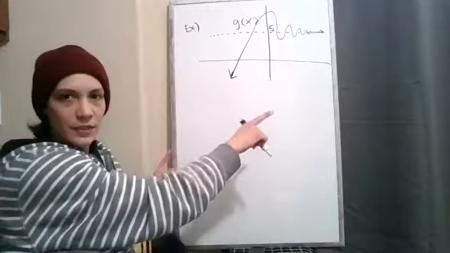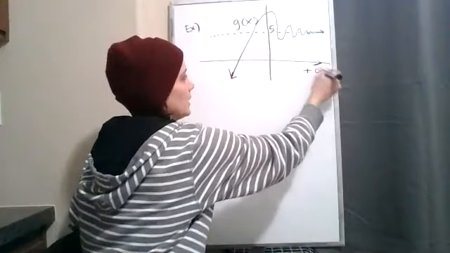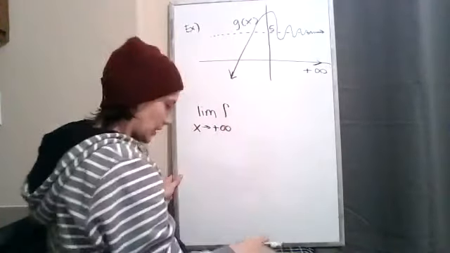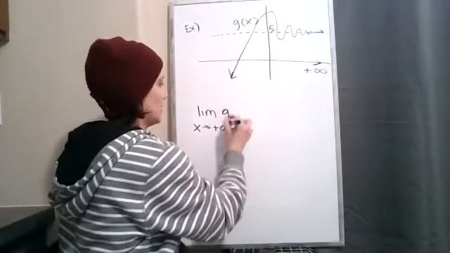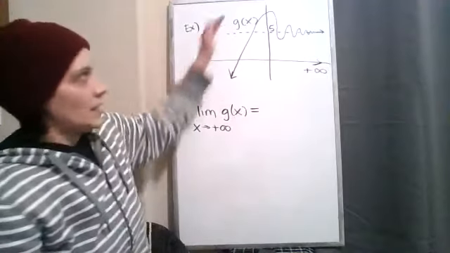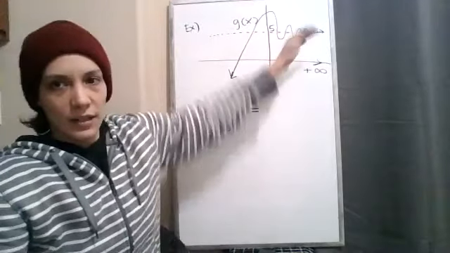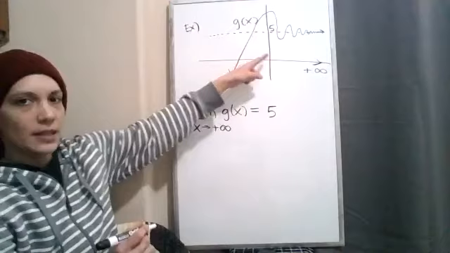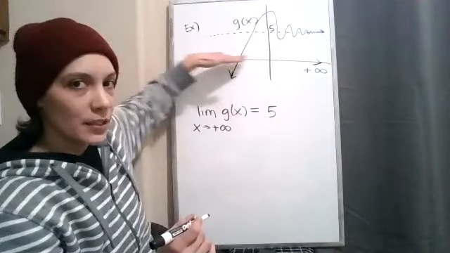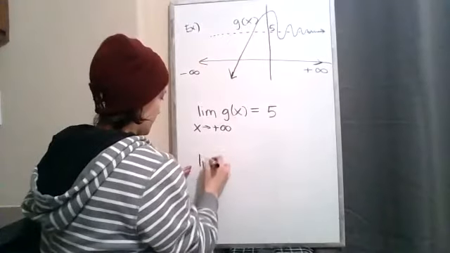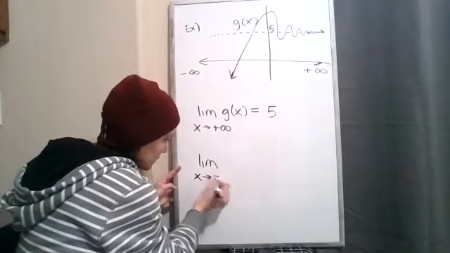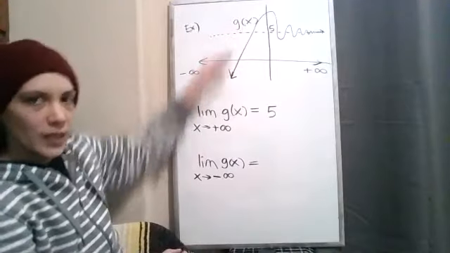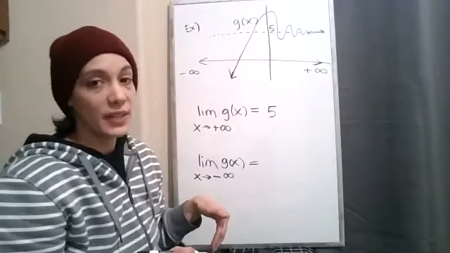Let's go towards positive infinity first. So as x goes to positive infinity, g of x of this function, g. Okay, this time your outputs are going to a limit of 5. As for g of x, the limit as x goes to negative infinity, you're going off into a limit of negative infinity.